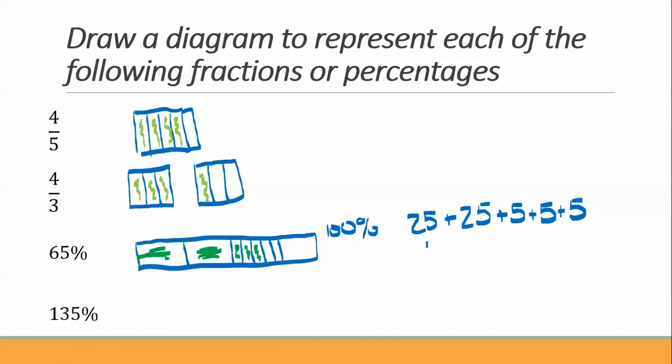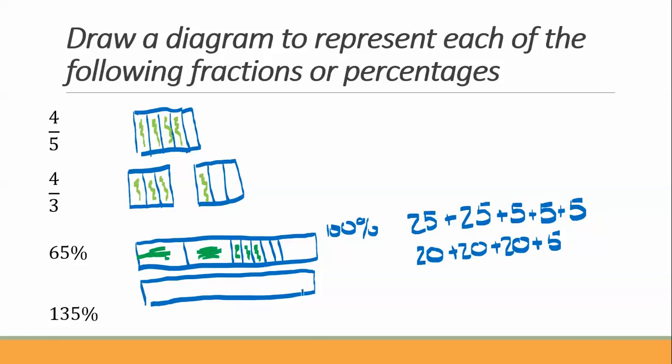We also could have done it as 20 plus 20 plus 20 plus 5. If we do that, I'm going to try and make it the same size. To get our 20 percentages, we needed to divide into 5. So we have 1, 2, 3, 4, 5 divisions.